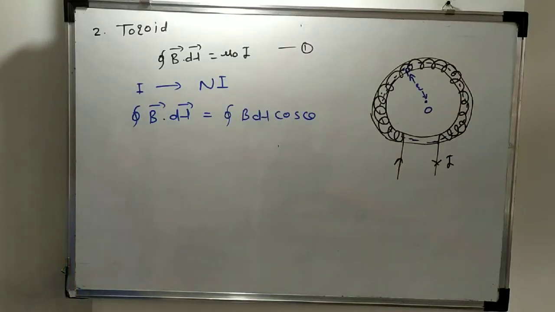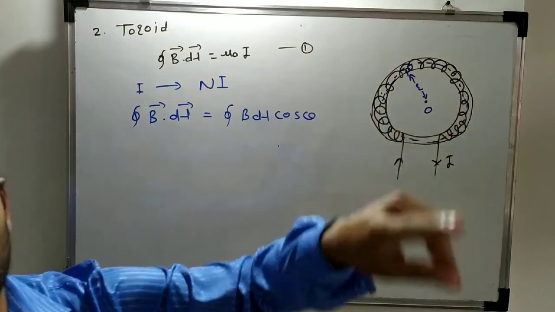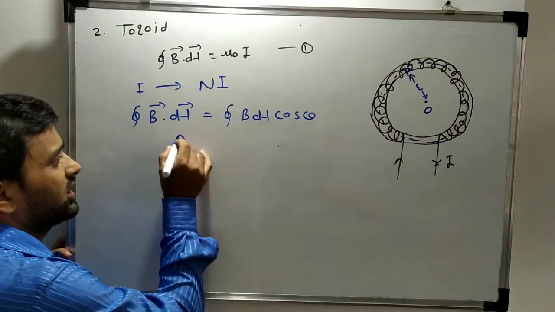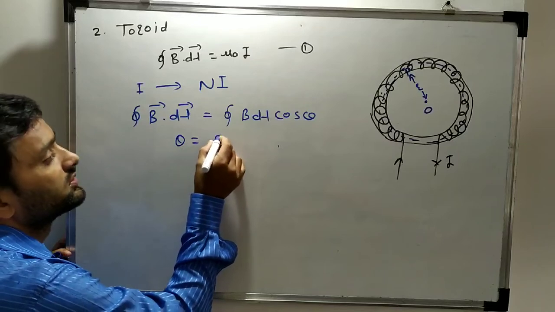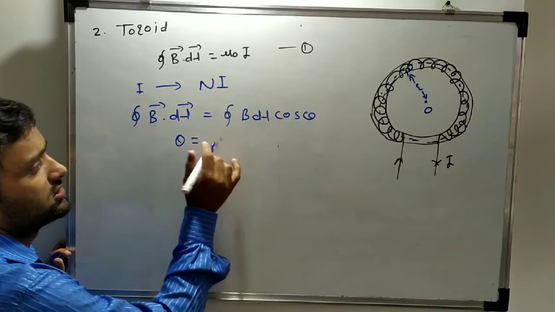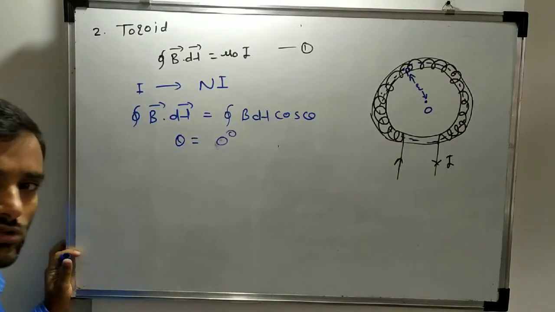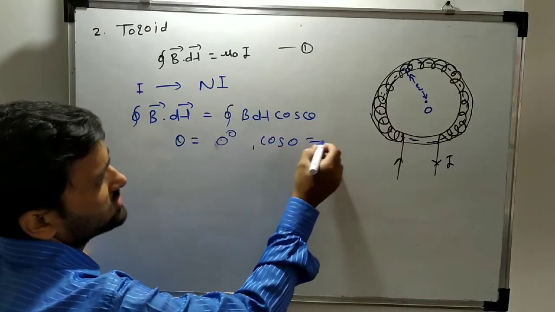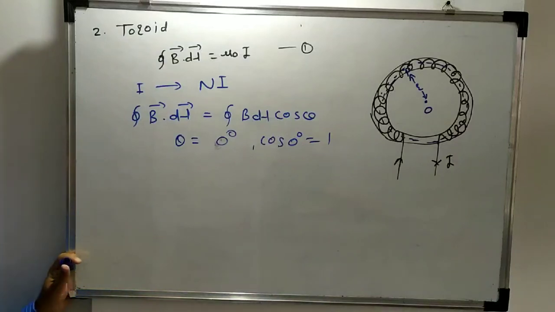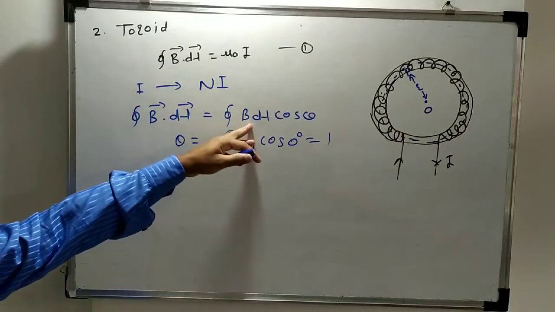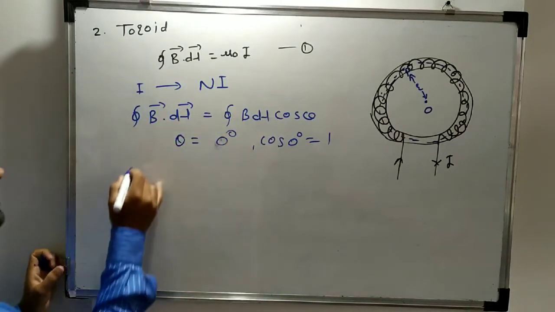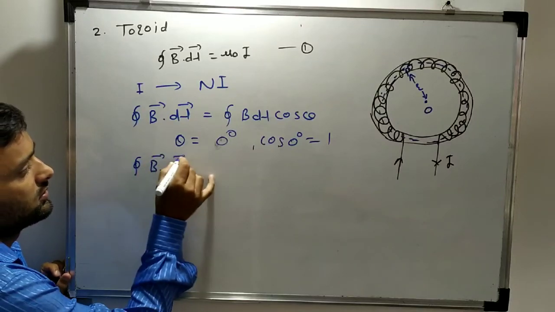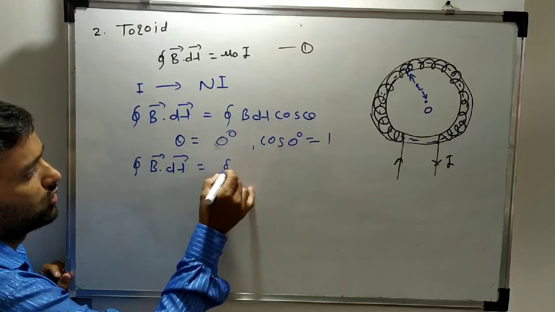Here the length element of the toroid is parallel to the magnetic field, so theta is 0 degree. If you put the value of cos 0, then cos 0 is 1. Put this value in the above equation, then line integral of B dl becomes only B dl.